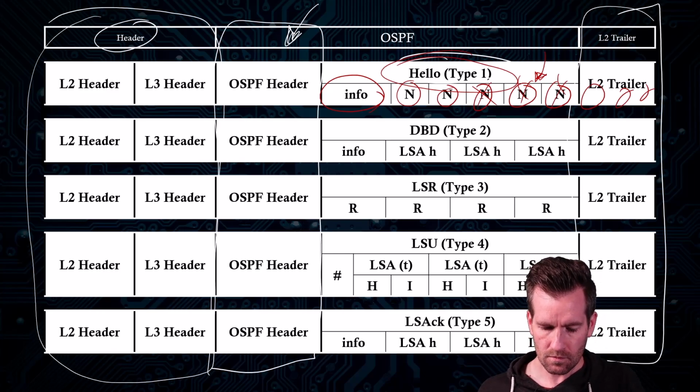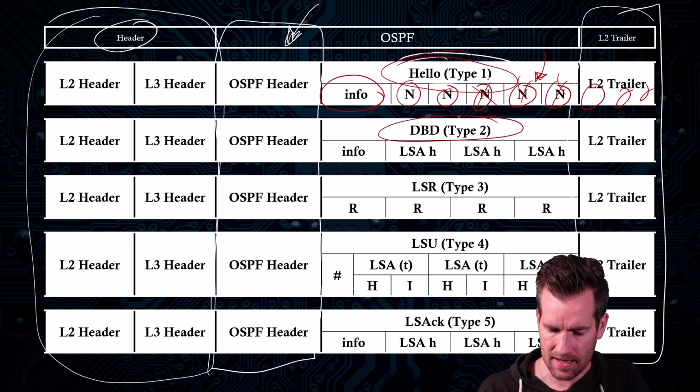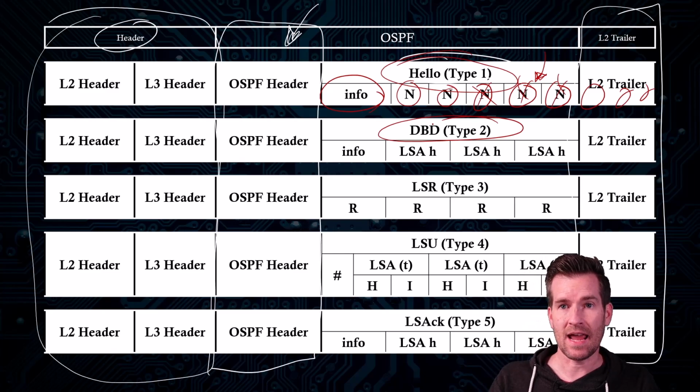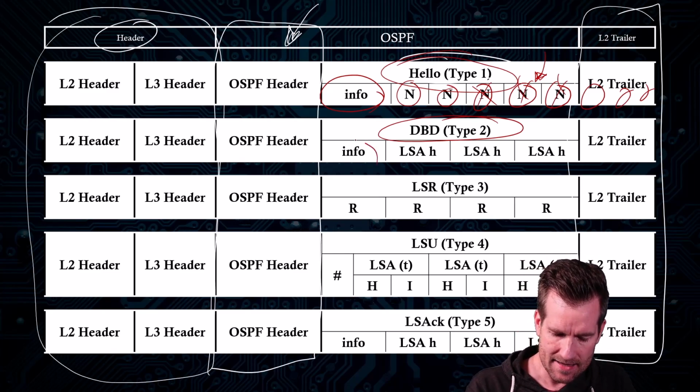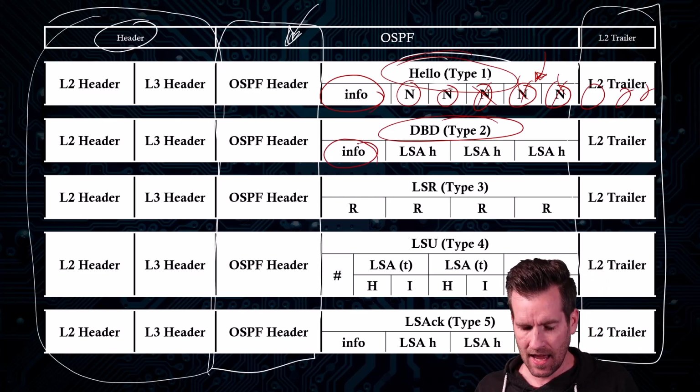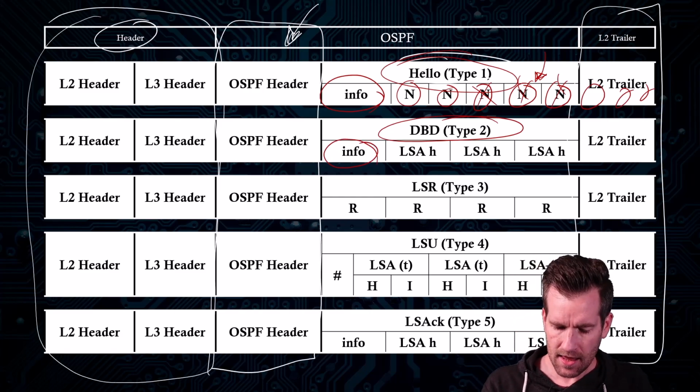All right, then we have the database packet, which is a type 2. The database packet has information in it that's being passed back and forth, and then it also has an LSA header.